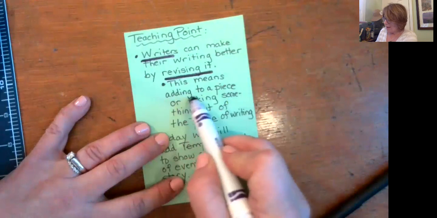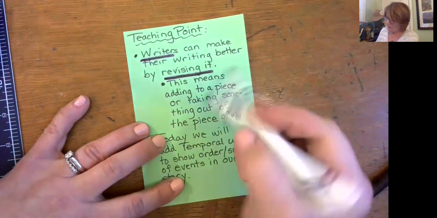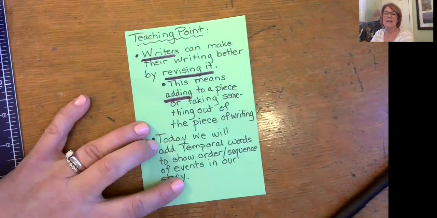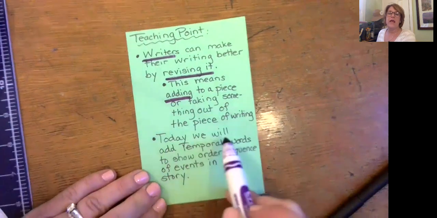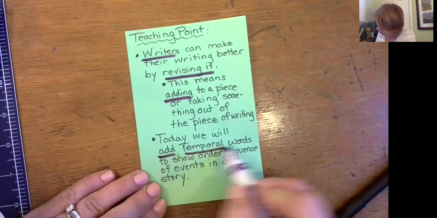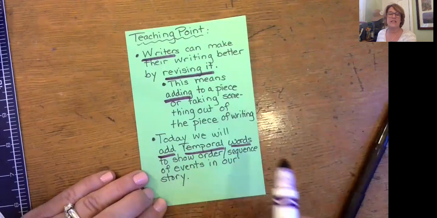This means adding to a piece of writing or taking something out of a piece of writing. Today, we're not going to take anything out. We're going to add something to our writing. Today we will add temporal words to show order or sequence of events in our story.